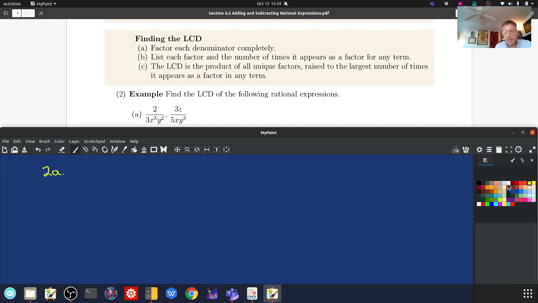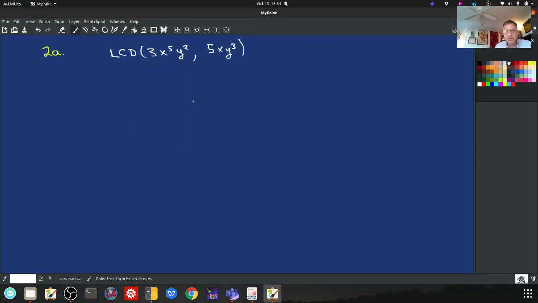So this is 2a. All we're asked here to do is to find the LCD of the following rational expressions. So I want to find the LCD of 3x to the 5th y squared and 5x y cubed. So let's go ahead and do that using this method.